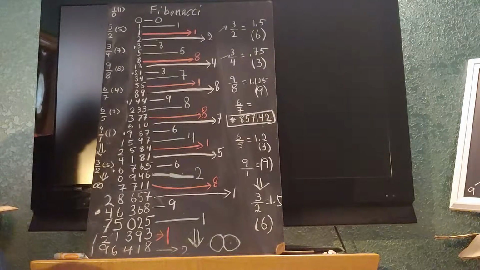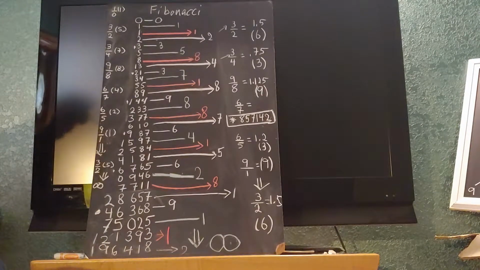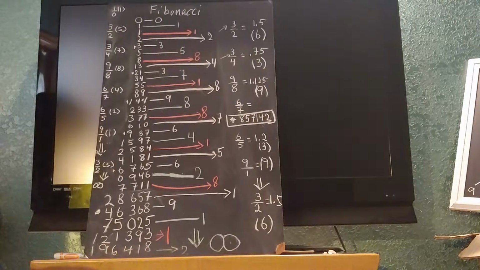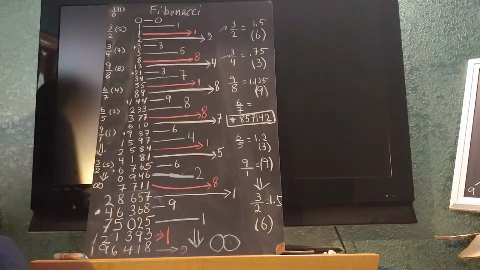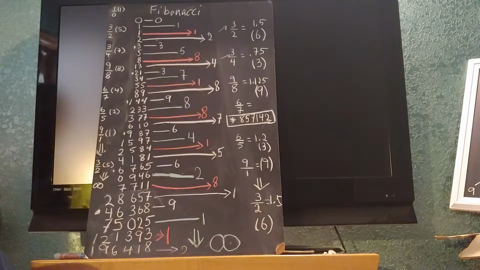It's 1.6181818118. I remember that one because I think it's interesting. So that's closer to the precise value of phi at that moment than the first one was.